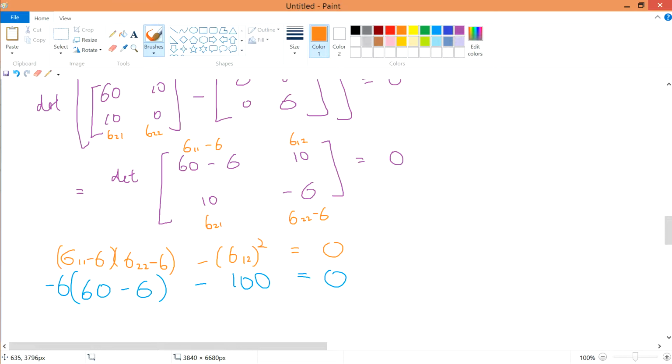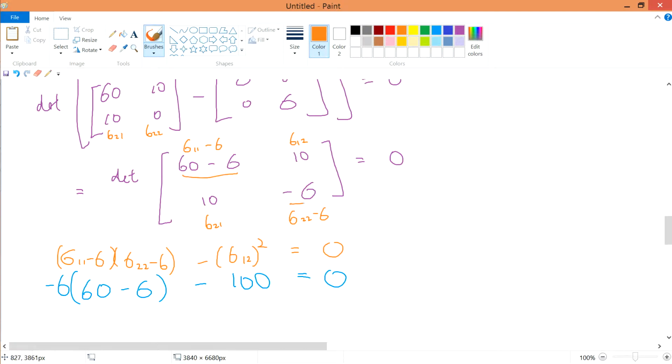This is in terms of the numbers, 60 minus sigma and 10 and such. This one is in terms of the notation. Taking note that sigma 21 and sigma 12 are symmetric, therefore it's sigma 12 squared. I'm simply doing the determinant.